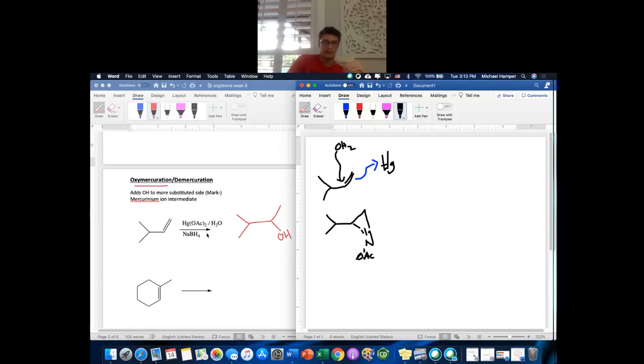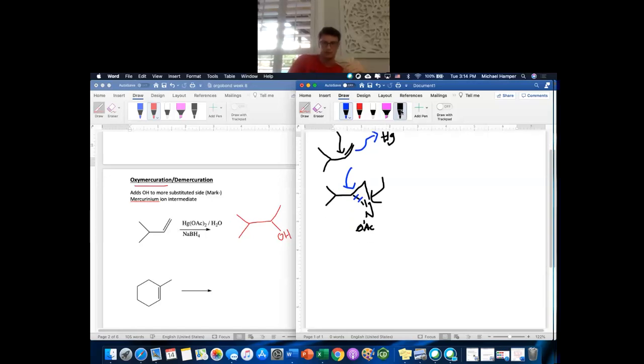And this Na will dissolve away, the BH4 will come in and simply take away the mercury. So the water that's flowing around will come in and attack the more substituted carbon, and you know that this bond is going to break, and therefore you get something that looks like this.